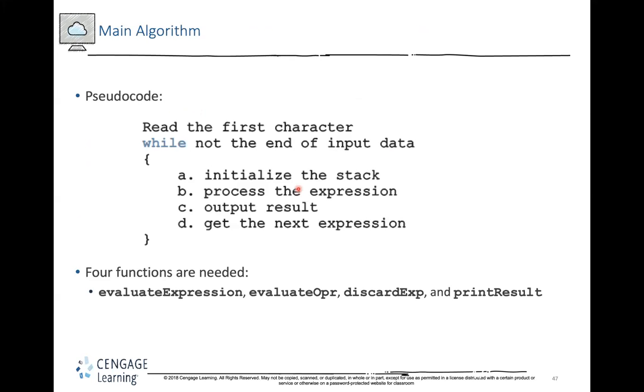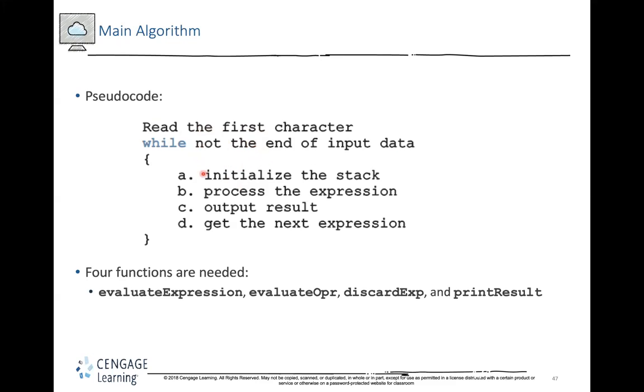So the main algorithm is very simple. We're going to scan this whole expression. We read the first character, and I'm going to loop through the whole sequence of characters. Inside this loop, the ending condition is that we still have more characters to read from the expression.